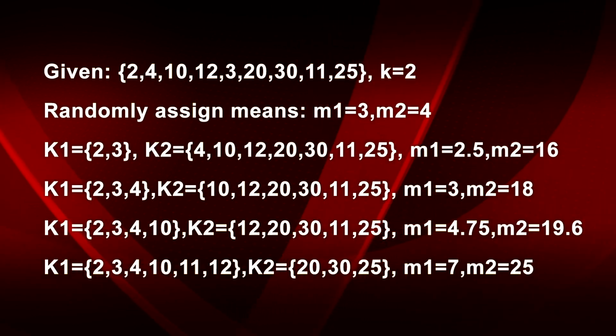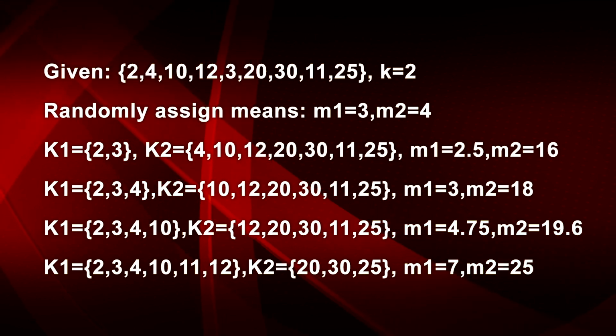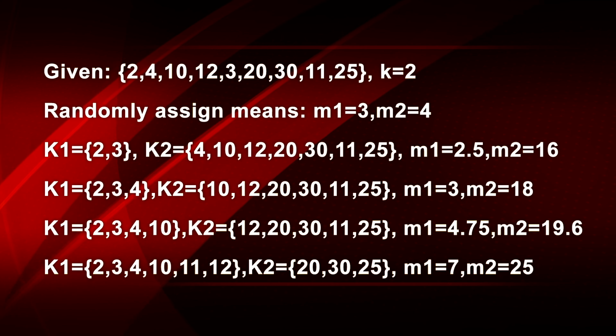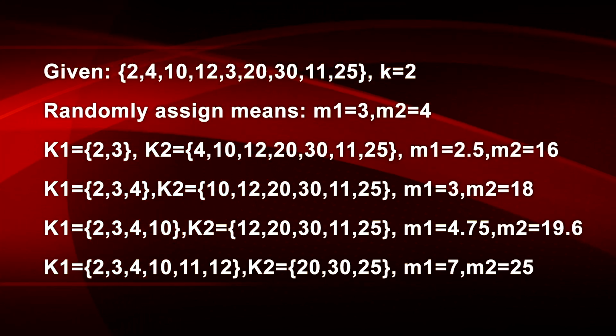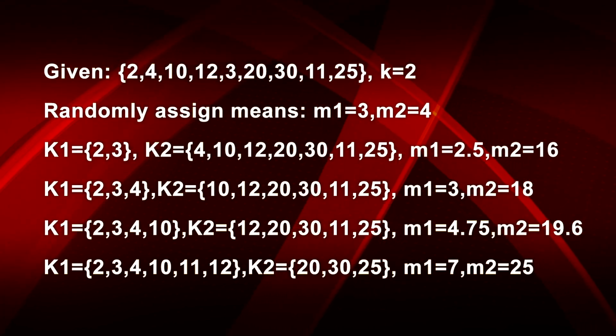Once again, in the next row, you will see that I am putting the data points which are given to us, namely 2, 4, 10, 12, 3, 20, 30, 11 and 25, into clusters based on these 2 new means, M1 2.5 and M2 16.